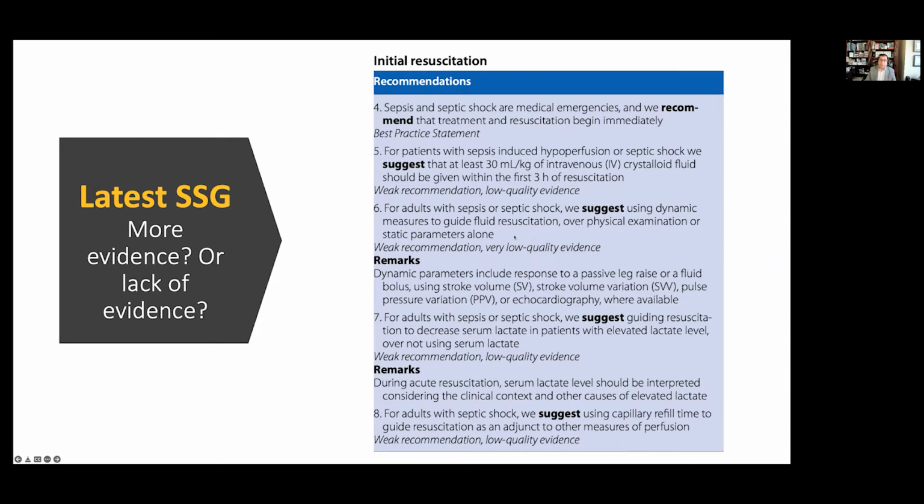And then they add now the suggestion of using dynamic measures to guide fluid resuscitation over just physical exam or static measures alone. And then they talk about the various dynamic measures and also biomarker guided resuscitation. And finally, they talk about capillary refill time, very importantly, as an adjunct to other measures of perfusion.